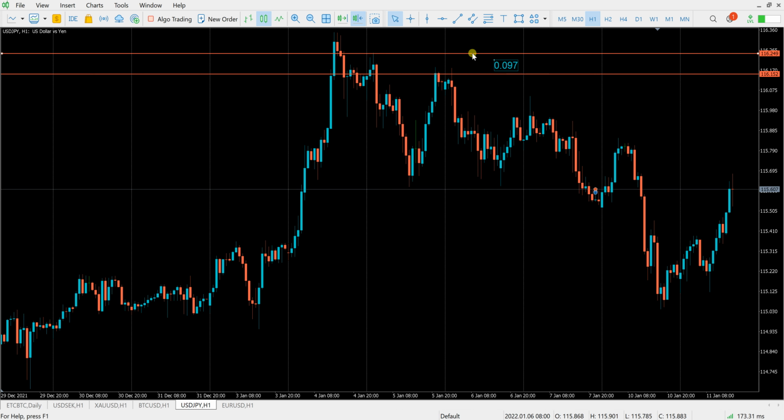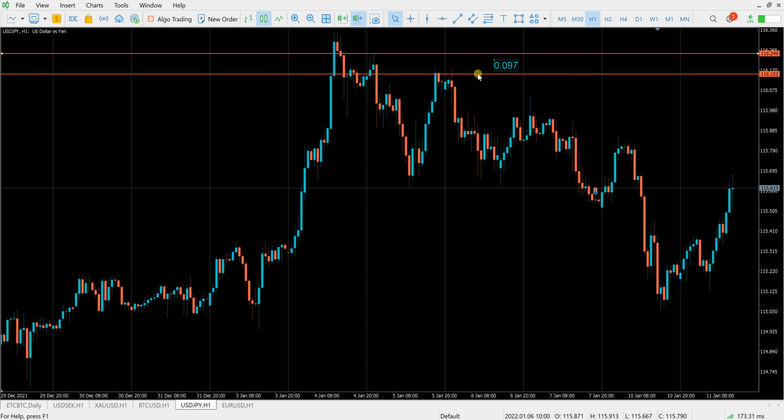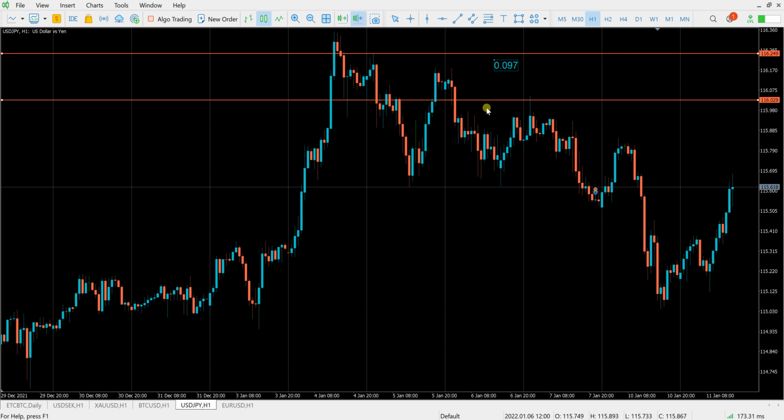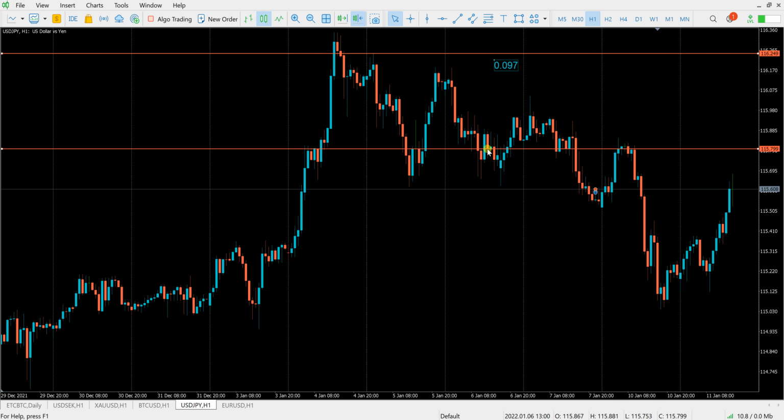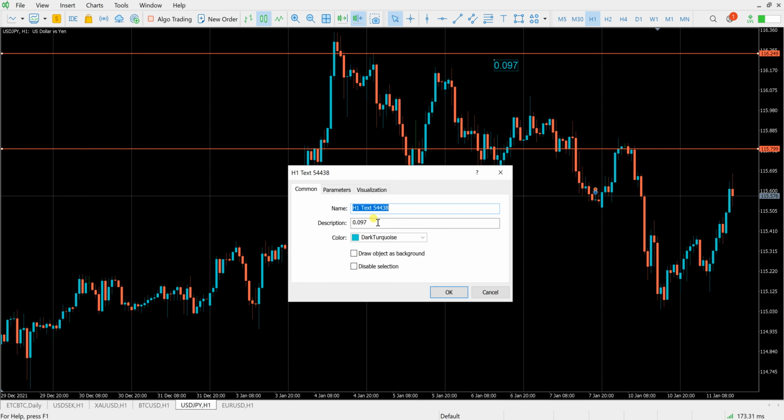So if you use your crosshair and drag from this point to this point, then you will see 9 pips 7 pipettes. And if it also happens to move downwards more, say to this very point, we are going to subtract this from this to know the difference. What it will give us is 0.45 or thereabouts.